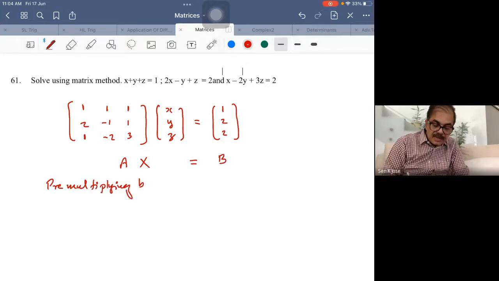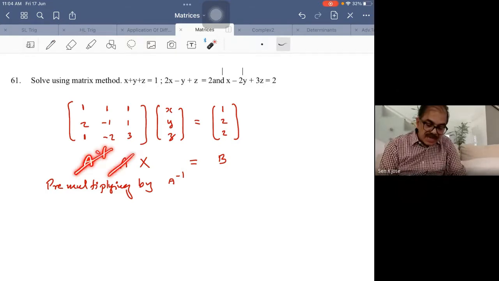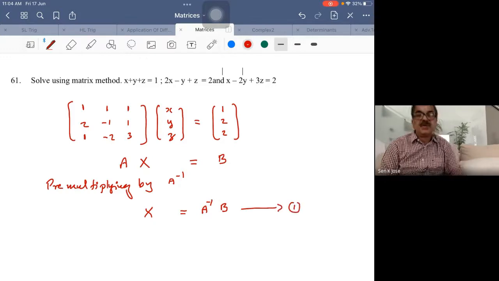You will pre-multiply by A inverse. If I pre-multiply by A inverse, on the left side, A inverse and A will get cancelled, giving me only X. But on the right side, it will stay as A inverse into B, and leave it as equation number 1.